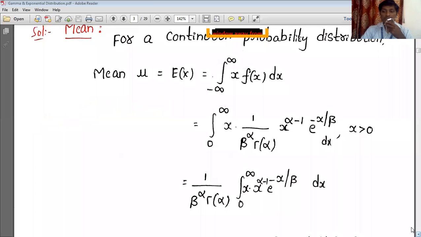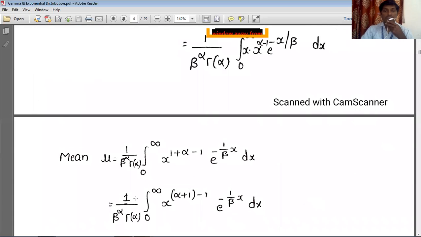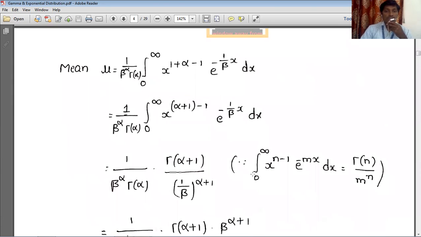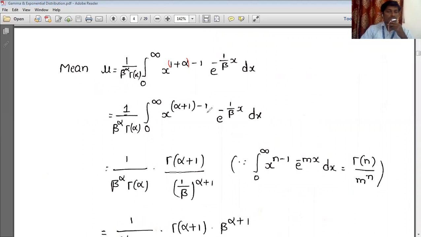After applying that, we get 1 by beta power alpha gamma alpha, integral of x power 1 plus alpha minus 1, e power minus x by beta dx. We keep 1 plus alpha in one bracket and minus 1, so there is no change.